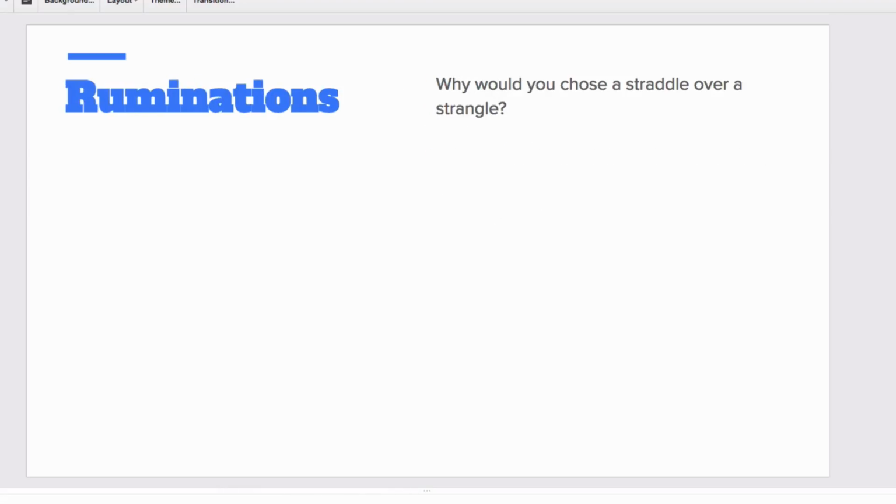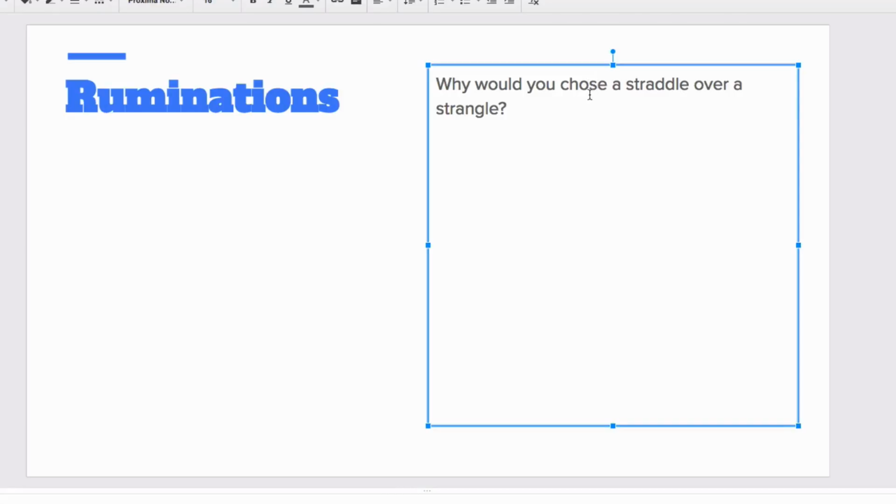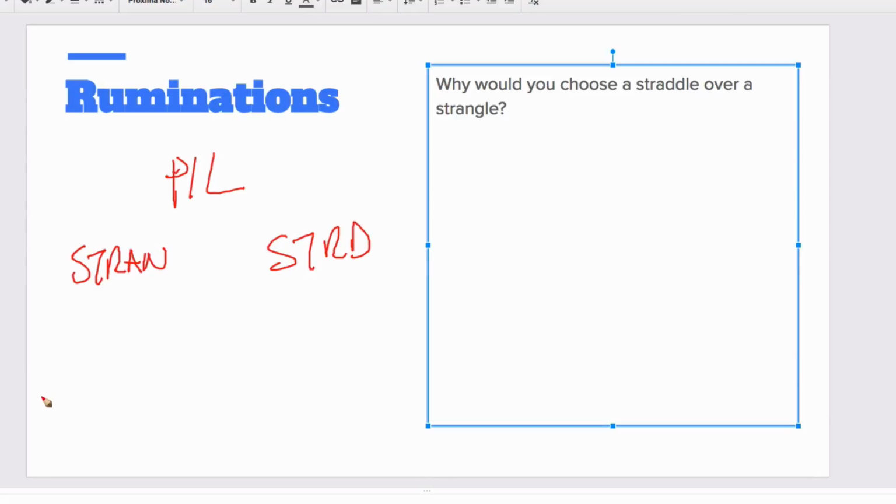So the question is, and this is just something for you to ruminate on as time goes by, why would you choose a straddle over a strangle? And just to remind you, the P&L diagram for a strangle looks like this. The P&L diagram for a straddle looks like that. Why would you sell one over another?